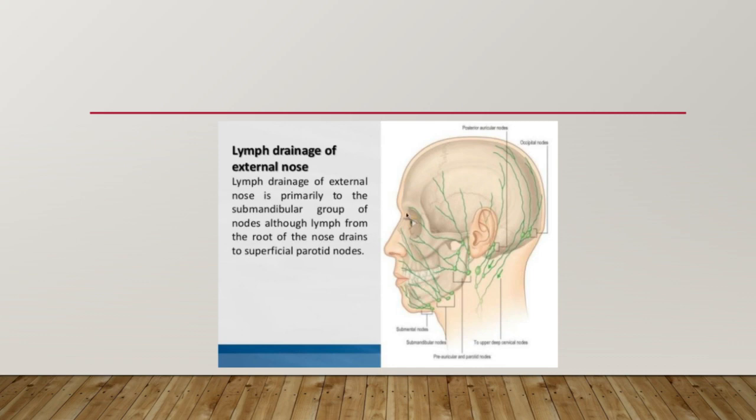So, the root of the nose drains into the parotid group of lymph nodes, whereas the rest of the external nose drains into the submandibular group of lymph nodes.